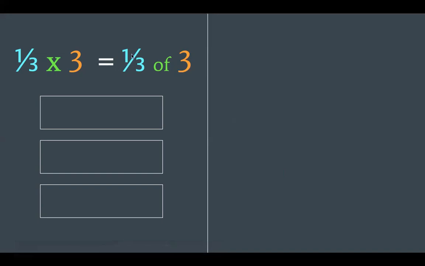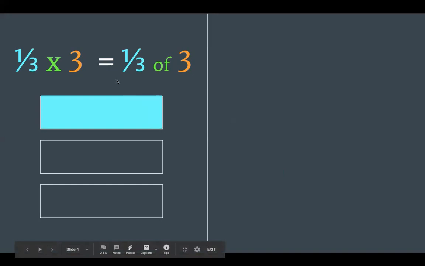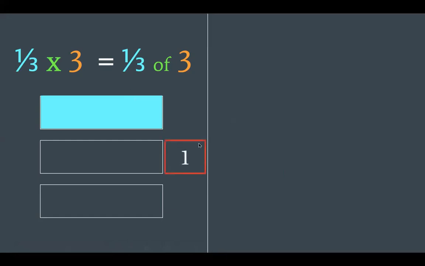How many parts do we want of the 3? And it is 1. So I highlighted one of these rectangles in blue to represent that. So when we look at these 3 wholes, what is the answer of 1/3 of 3? If you said 1 whole, you are correct. There is 1 full whole of the 3 wholes, 1/3 of 3.